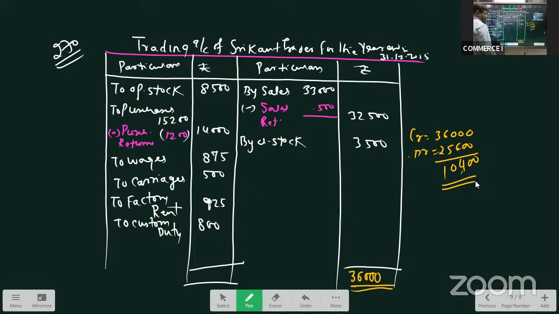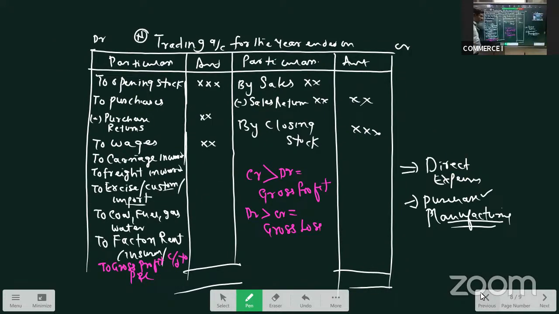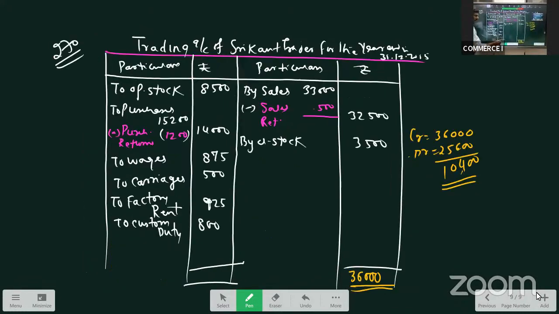Now, when I taught you trading account, I told you what the difference is called. The difference will be called gross profit. So here, the difference of 10,400 that we are getting is called gross profit. And where do we show it?